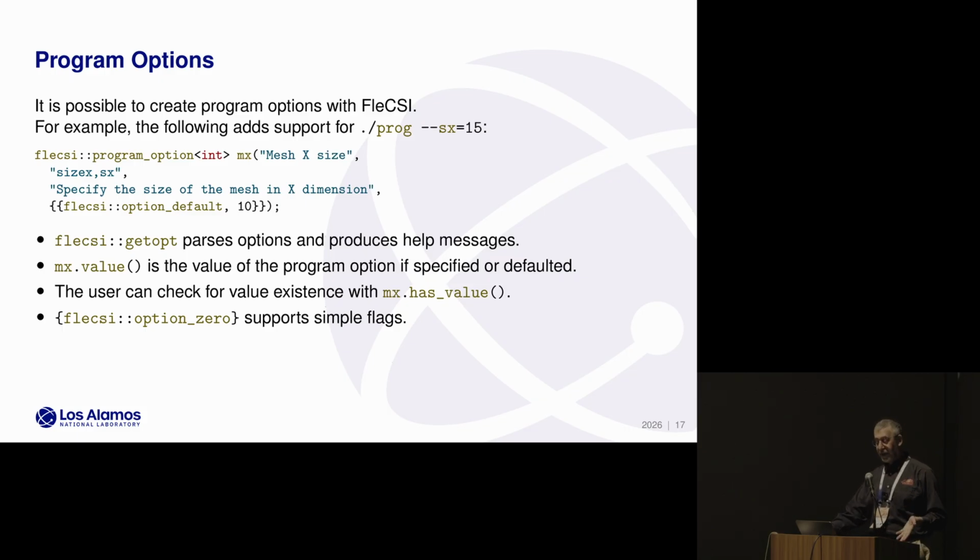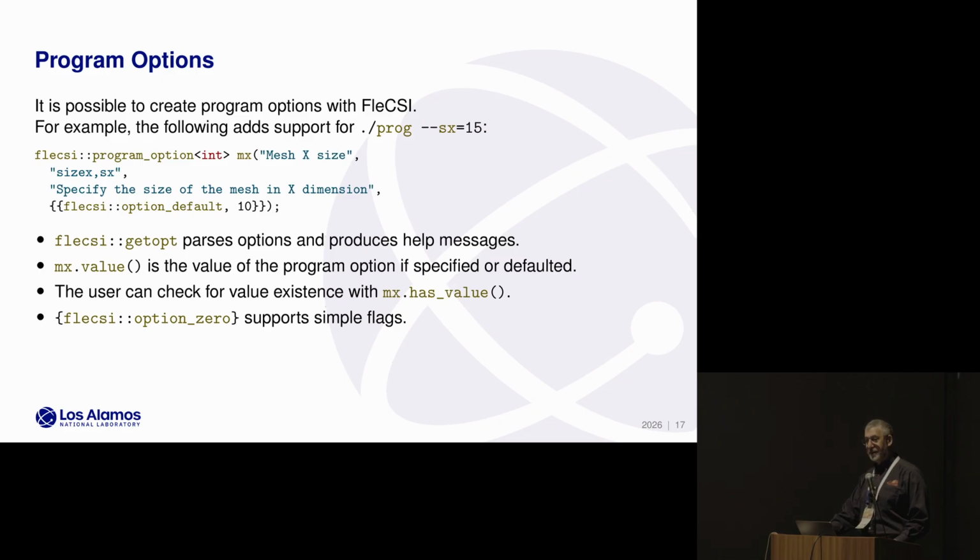If the user requests help, it'll output the string specify the size of the mesh in the x dimension, and you could even have a default value if the user does not specify that, in this example, 10. And it's possible from the program to query these program options to see what values are set, if a value was provided, and other features.